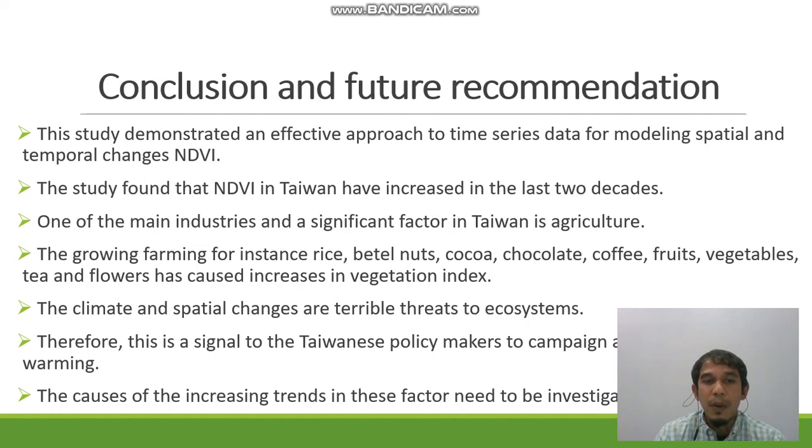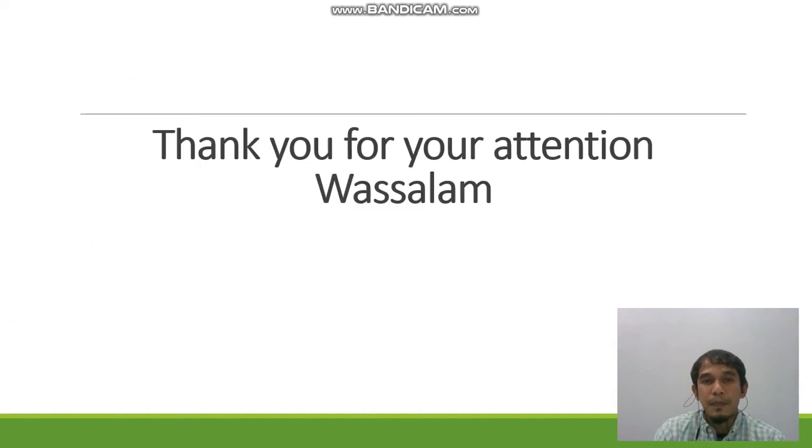The growing farming of, for instance, rice, coconut, cocoa, coffee, fruit, vegetable, tea, and flowers has caused an increase in the vegetation index. The climate and spatial changes are a terrible threat to the ecosystem. Therefore, this is a signal to Taiwan's policymakers to campaign against global warming. The causes of the increasing trend need to be investigated in further studies.